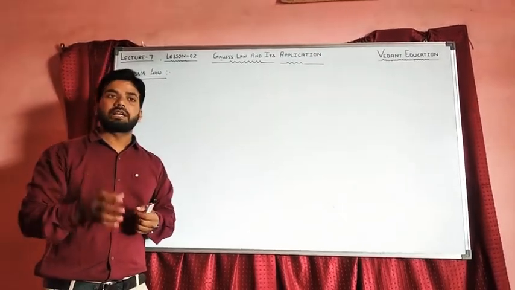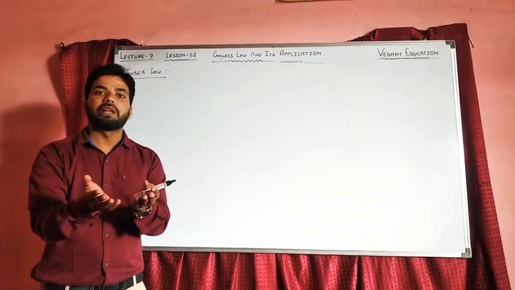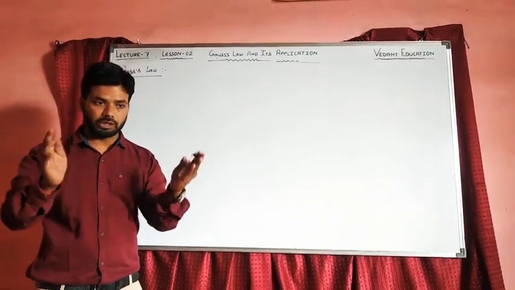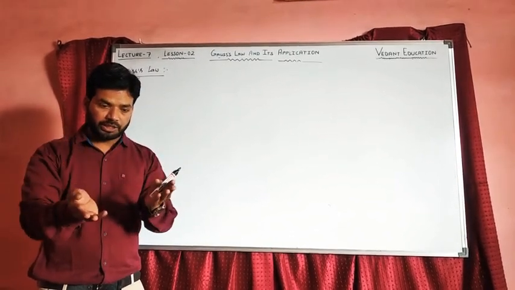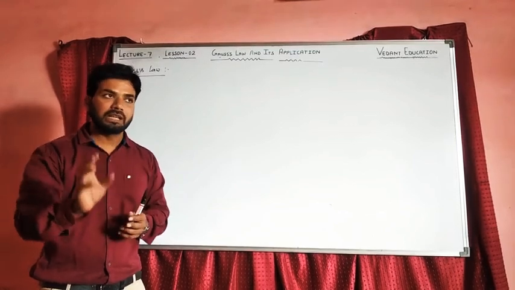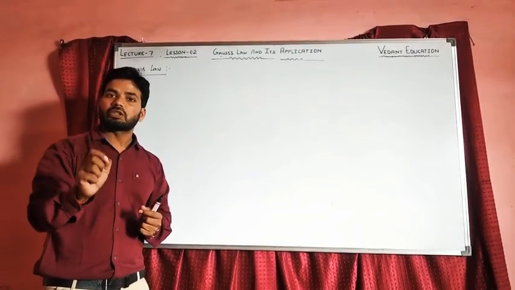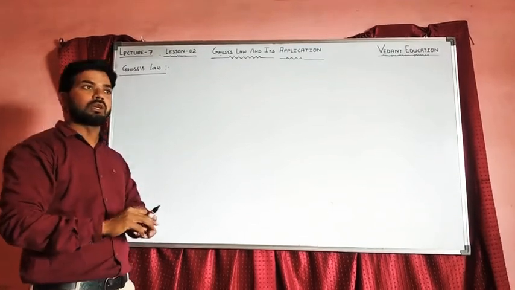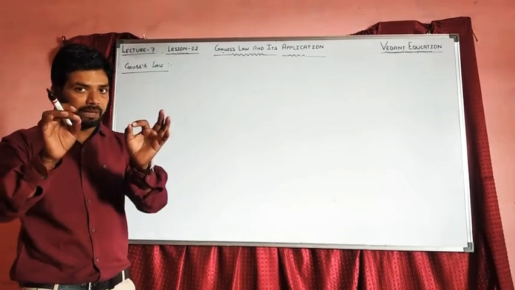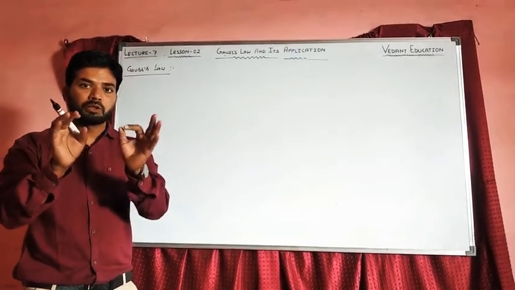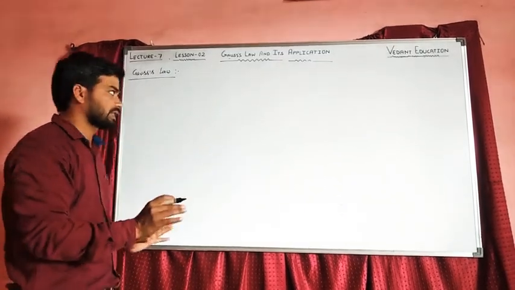Gauss's law states that net electric flux or total electric flux linked with a closed surface is always equal to 1 over epsilon naught times the total charge enclosed by the surface.